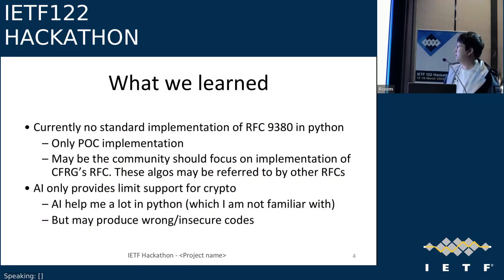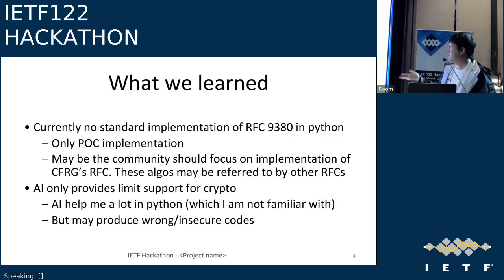What we learned, first, is that currently there is no standard implementation of the RFC primitive that we employed in this proposal. In Python we only found a proof of concept in the draft, though there are indeed implementations in other languages such as Go.